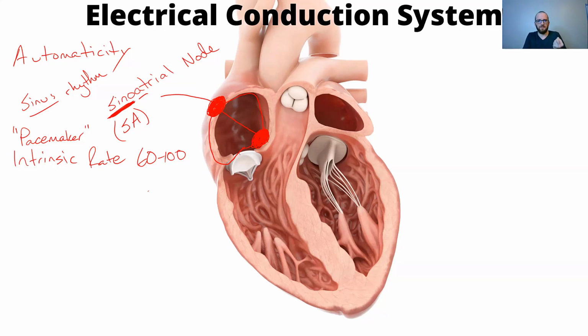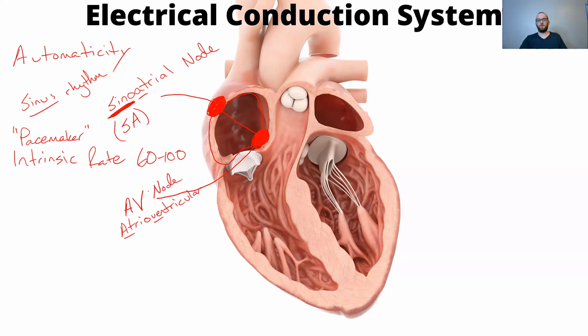That's kind of where it's at, visually in the overlap. And that is called the AV node, or the atrioventricular node. That's the AV node, between the atria and the ventricles.